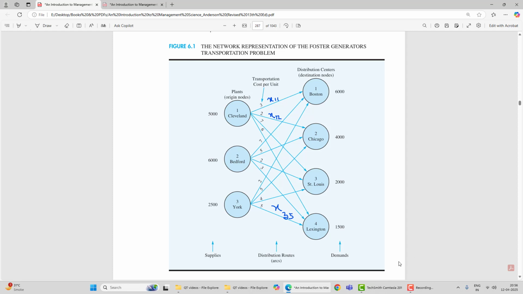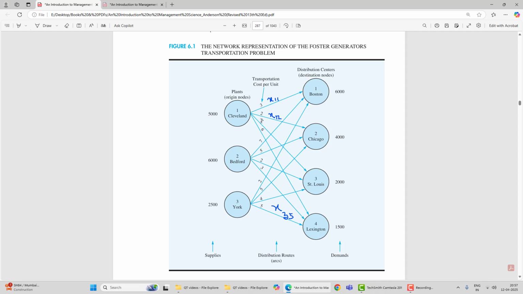Whenever such a problem is there, the objective is always to minimize the total transportation cost, and the cost is obtained from the per unit transportation cost, which is 3, and the number of units transferred on that route. So from 1 to 1, the total cost will be 3 into x11, because x11 is the number of units transferred from origin 1 to distribution center 1.